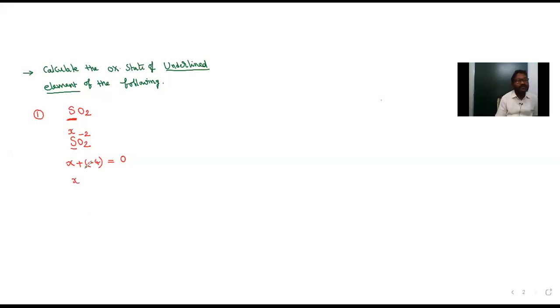X plus 2 into minus 2, -4 is equal to 0. X is equal to -4 becomes +4. While writing the oxidation state, we should always write the symbol. Without a symbol, it is not the oxidation state. Mind it. Any doubt, all of you? Any doubt?